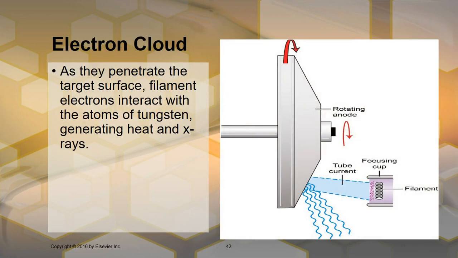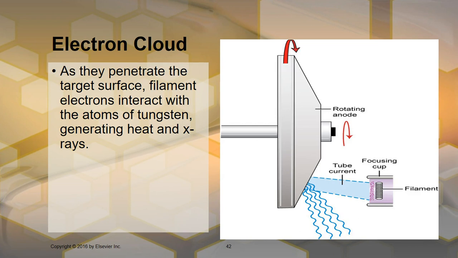As they penetrate the anode target, because of that potential difference, you have electrons that interact with the atoms of tungsten that generate heat and X-rays. So you've got all of this coming out at one time. These electrons will reach speeds of about half the speed of light in 1 to 3 centimeters between the focusing cup and the anode target.